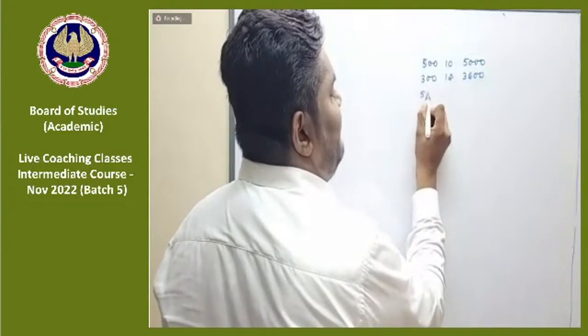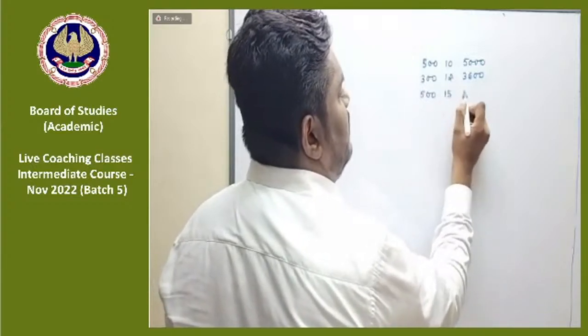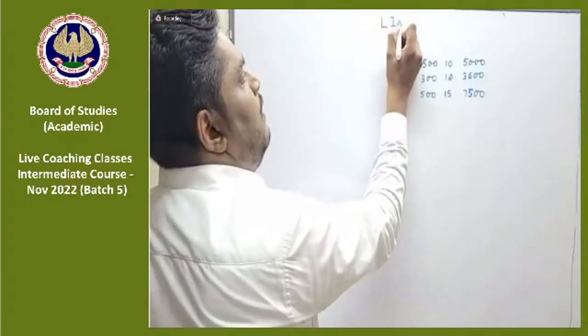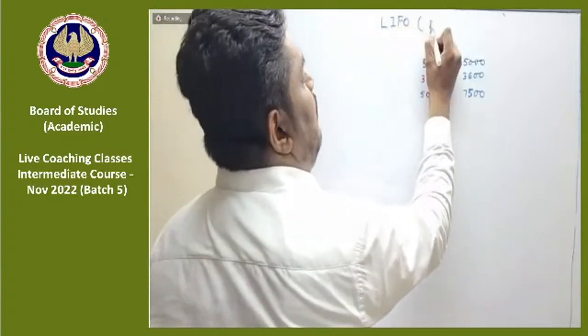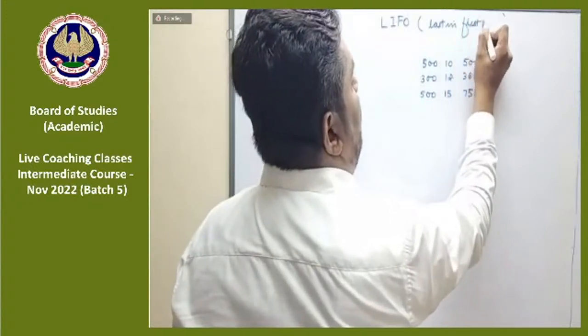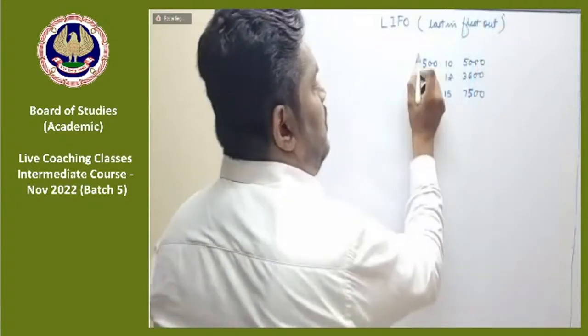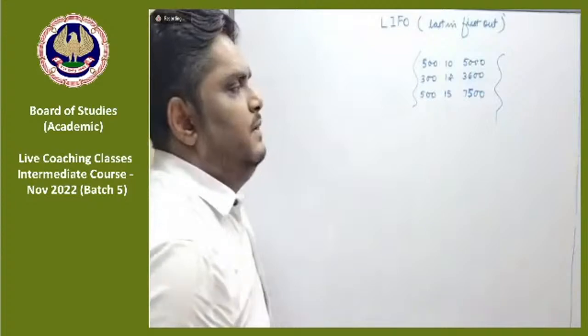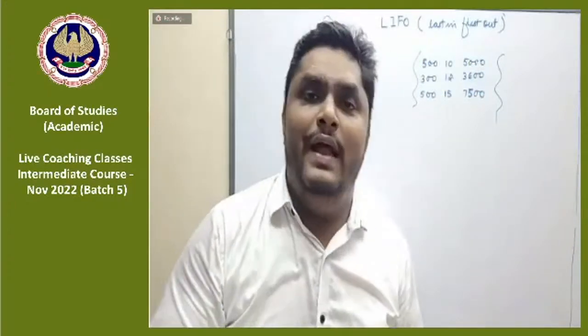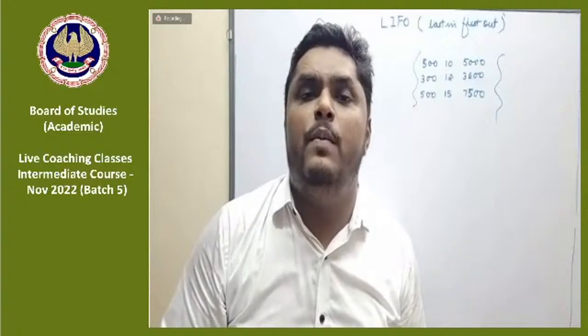And let's say another 500 kgs at the rate 15. So this is my balance. Now I have received a requisition that I need 700 kgs of raw material.